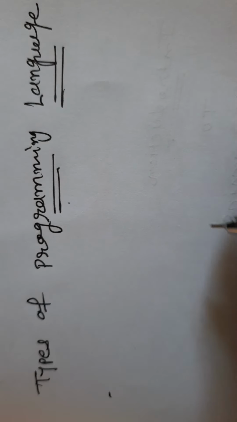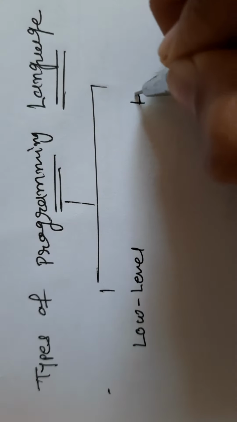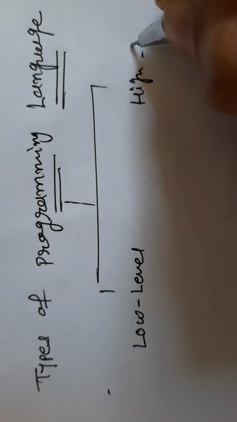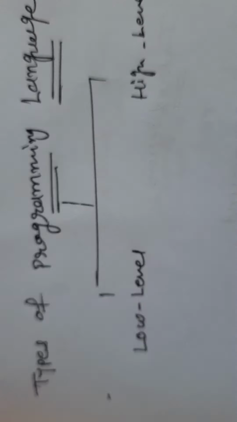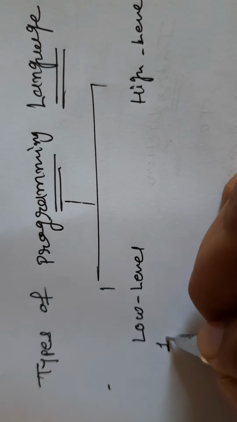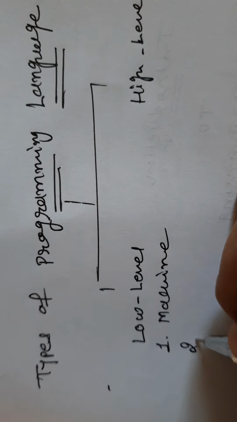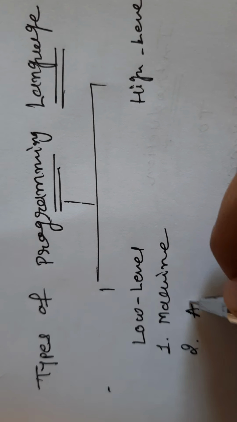Let us first understand the low level programming language. There are two types of low level programming language: one is machine language and another is assembly language.